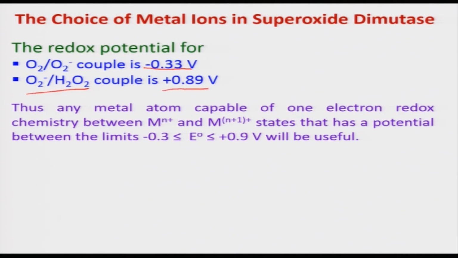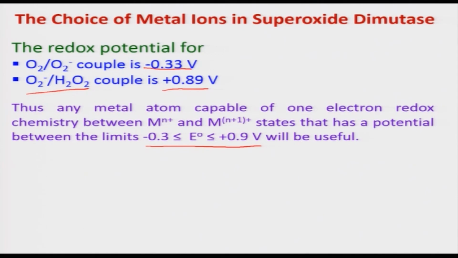0.89 volt. Thus, any metal which is capable of one electron redox chemistry between the M^n+ and M^(n+1)+ states, that has a potential between the limits of minus 0.3 to plus 0.9 volt.